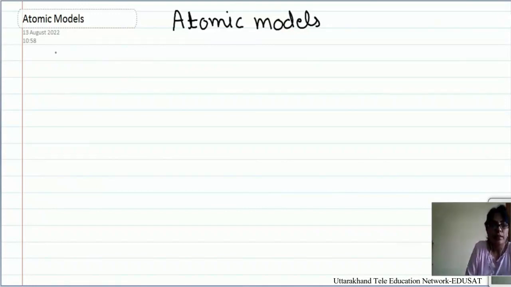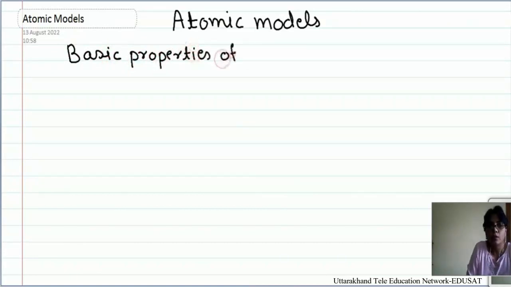So let us list the basic properties of any model. It means the properties for which we look into any model.